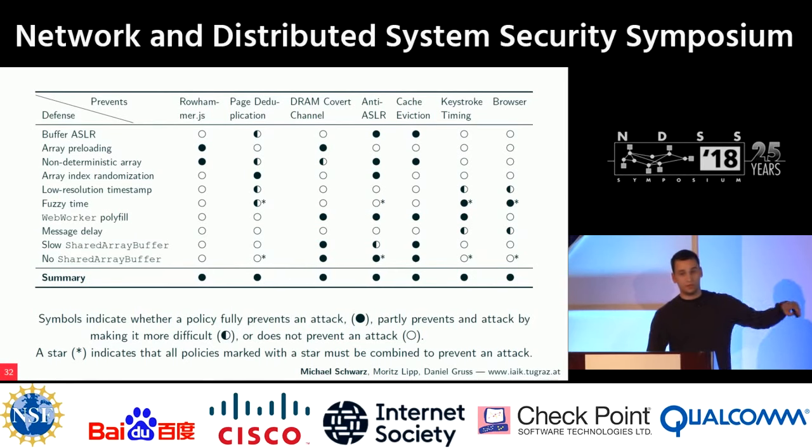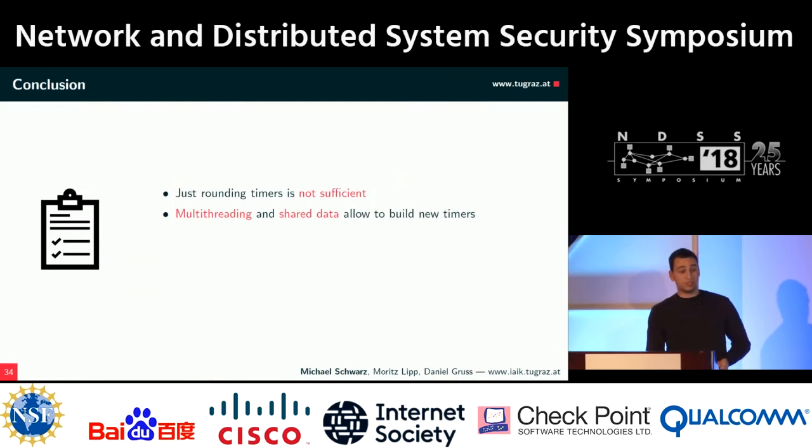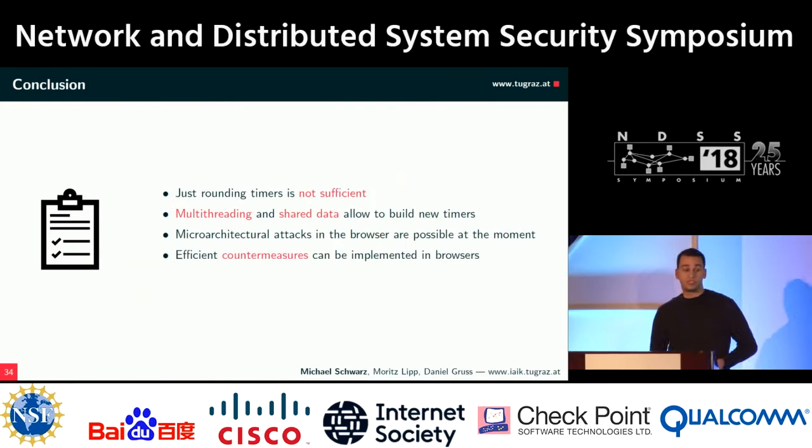So in the paper, we propose many of those defenses, and we show that if we apply all of them, then all the current attacks do not work anymore. And also for the user experience, we tested it in a double-blind study, and users were not even able to detect whether this policy, this JavaScript 0, was active or not. So as a conclusion, rounding timers is not sufficient.